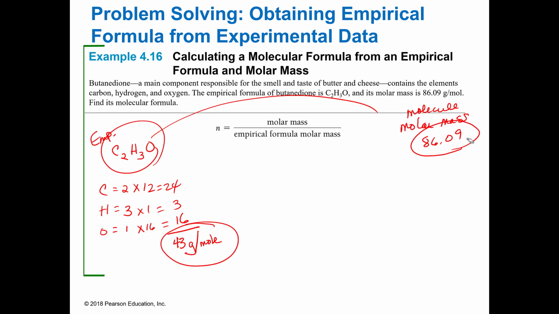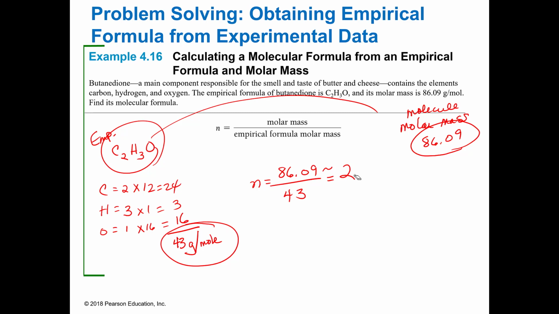So what I do is I divide the big one by the little one because I want a whole number. So N equals 86.09 divided by 43, and that is 2. Okay, 2.00 whatever, 2.